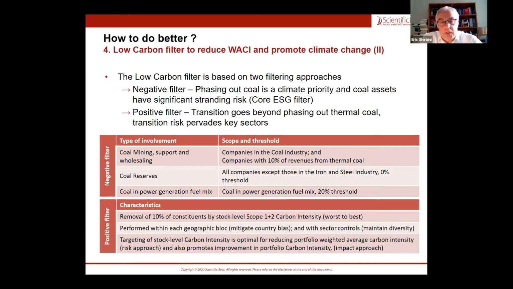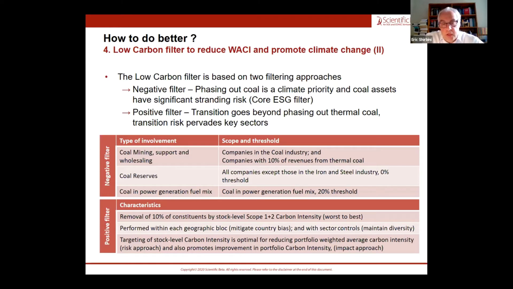In addition to this negative filter, which is the core ESG filter, we also apply a positive filter where we positively select companies with the lowest carbon exposure. So essentially what we do is we're going to remove also 10% of the companies with the highest carbon exposure, but we want to also ensure that by removing these companies, you don't remove an entire sector as well.